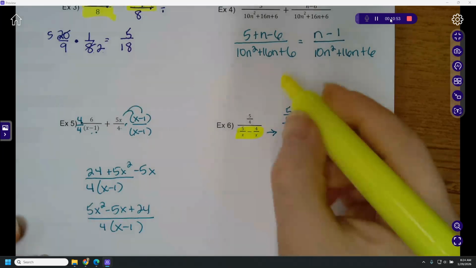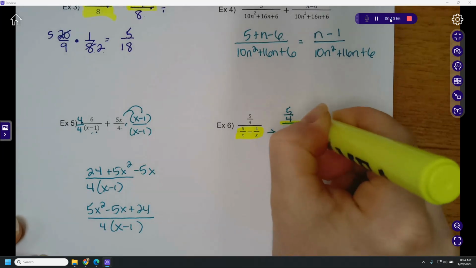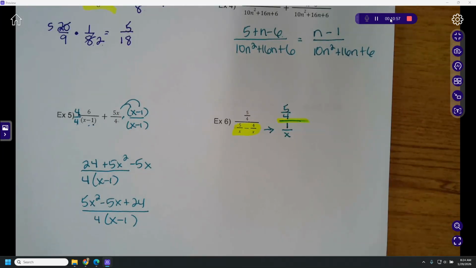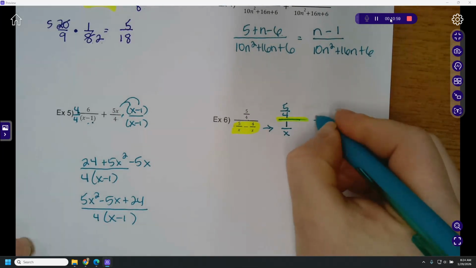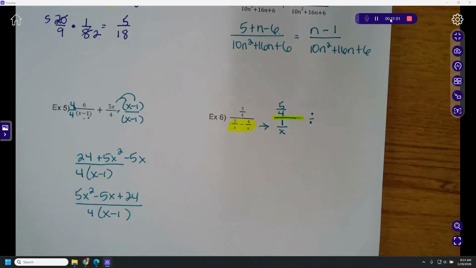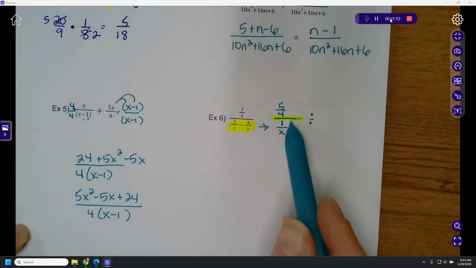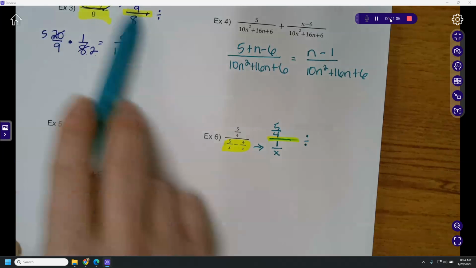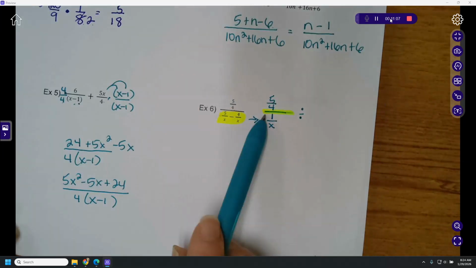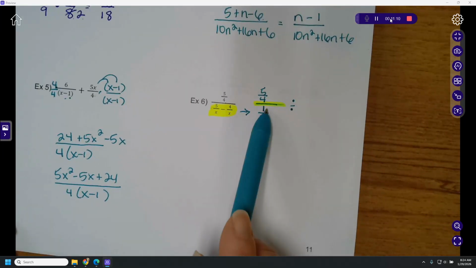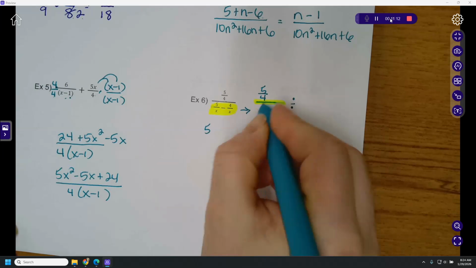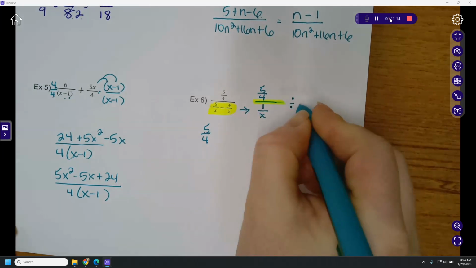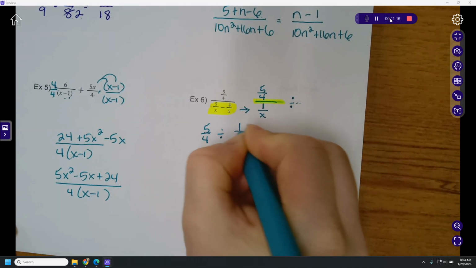Okay. I'm going to highlight that fraction bar. That's going to be like a division symbol, okay? So in other words, and maybe I didn't explain this enough, you're awfully quiet. It could be just because you're tired. What I'm saying is, this could be written as 5/4 divided by 1 over x.